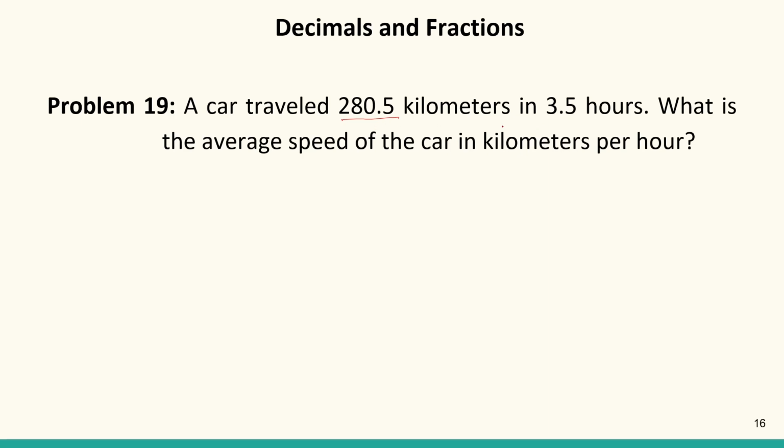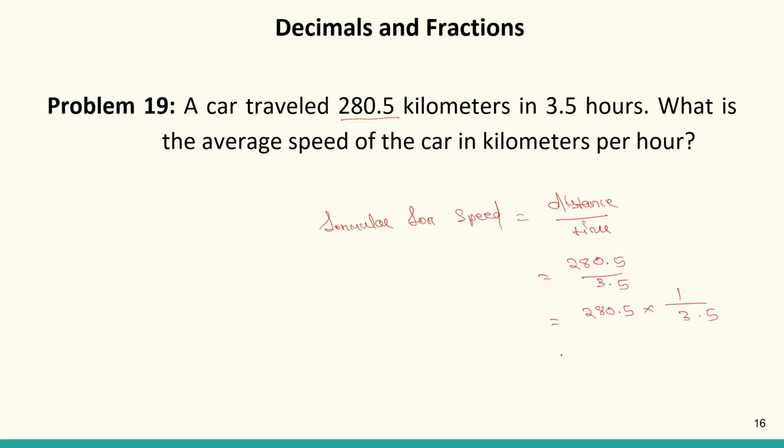Here we know the formula for speed. Speed is equal to distance by time. So this is equal to 280.5 by 3.5. We can write this as 280.5 into 1 by 3.5.